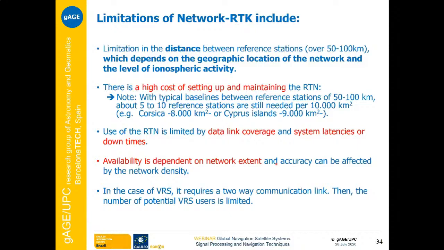It is affected by the network density, and in the case of this implementation, the virtual reference station, we need a two-way communication link. One way to send the user coordinates to the central processing facility, and another way to send the virtual measurements from the central processing facility to the user.